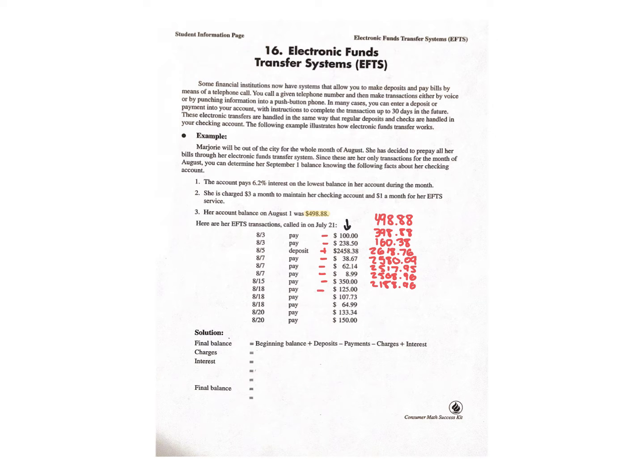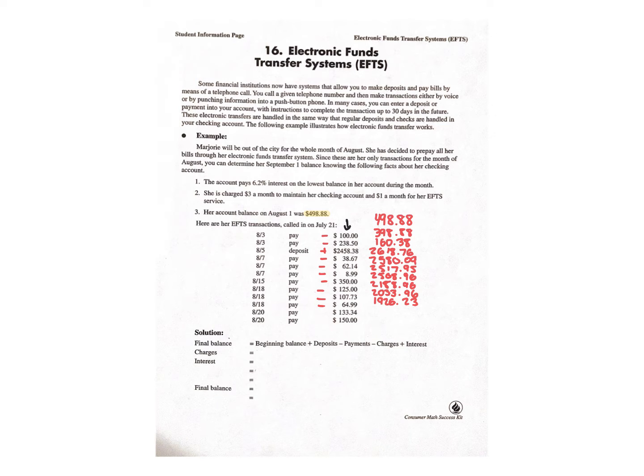If I subtract off $125, I have $2,033.96, and I'm getting a little bit crooked here in my writing. If we subtract off the next one, we have $1,926.23.